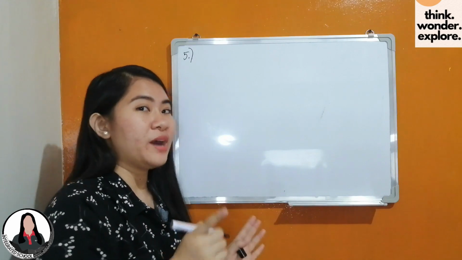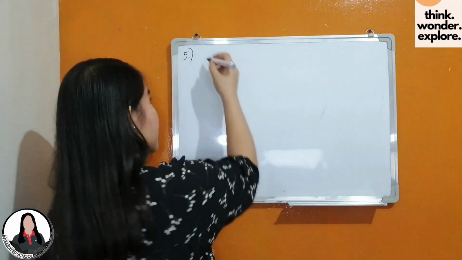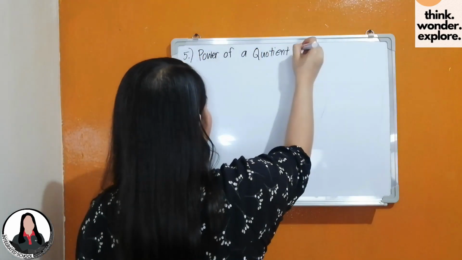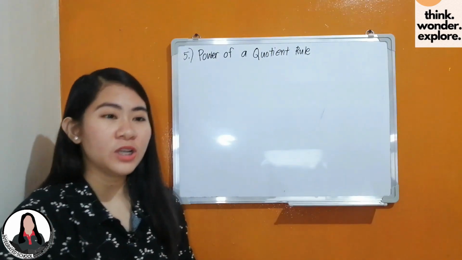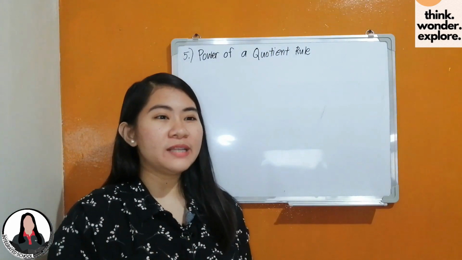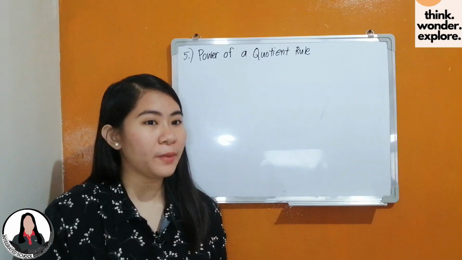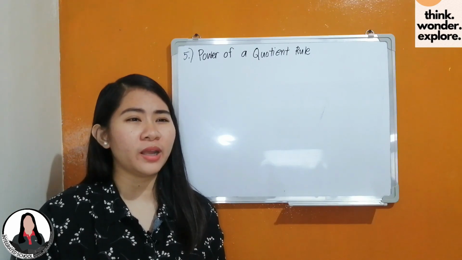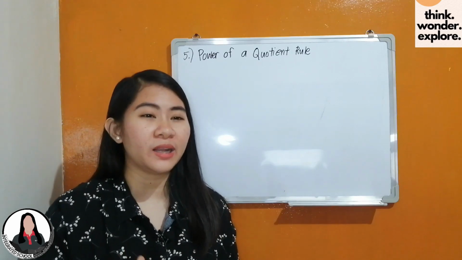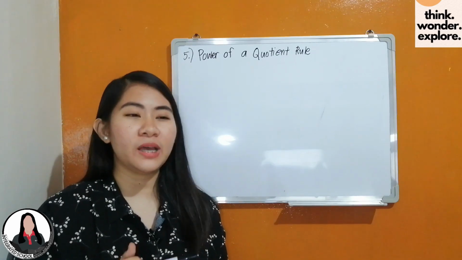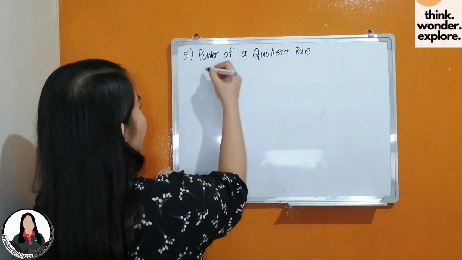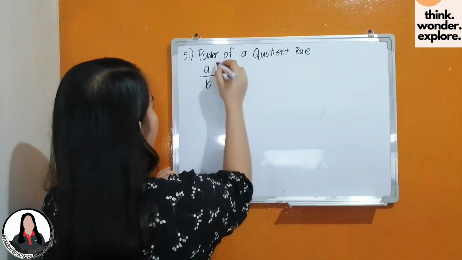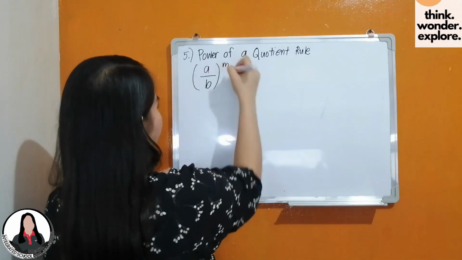For the fifth one, we have power of a quotient rule. So, for power of a quotient rule, sabi dito, in raising an indicated quotient to a given power, multiply the exponent of each term of the numerator and denominator inside the parentheses to the power outside the parentheses. So, let's have a over b raised to m.